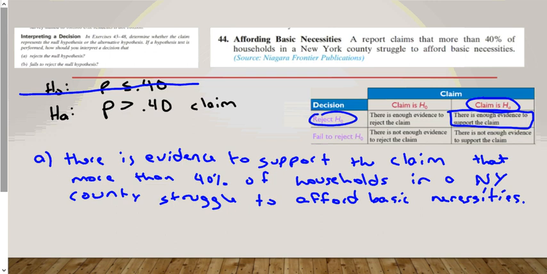Our part B would be, what if it failed to reject the null hypothesis? In other words, we have to keep this one. It's not that we could get rid of it.